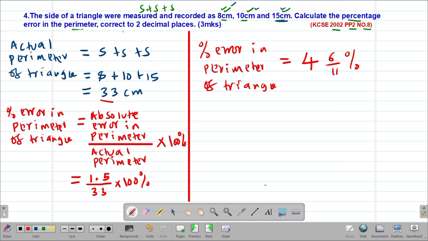For example, in this case, we are told to leave our answer correct to 2 decimal places. Therefore, you convert this to 2 decimal places. This will give you 4.55%. Therefore, this is the percentage error correct to 2 decimal places.